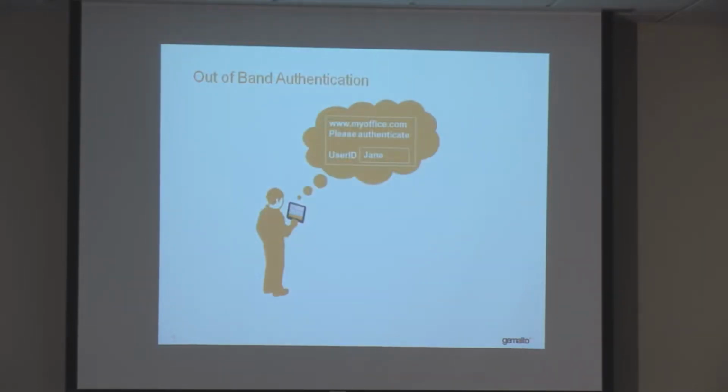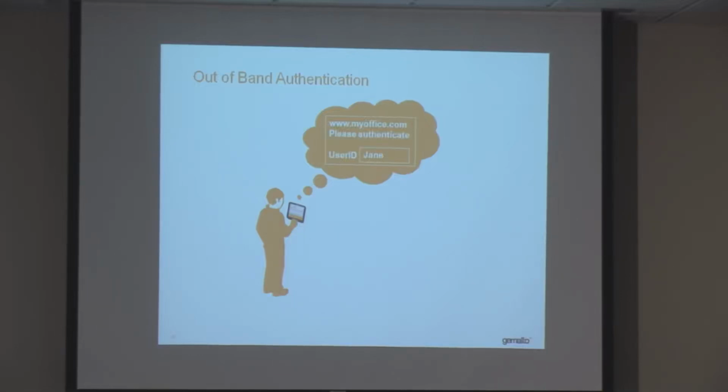Now continuing with the second part, which we call out-of-band authentication. Let's say Jen is back at home and she needs to do her expense report. So she's going to log on to a corporate website. Let's say she's using her tablet, but in her tablet there is no smart card reader, there may be nothing to plug in there.